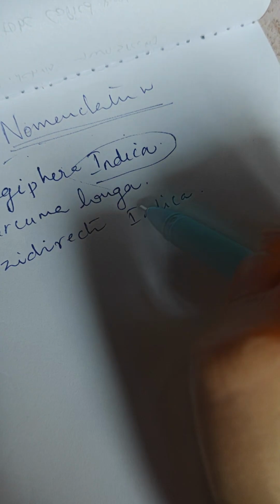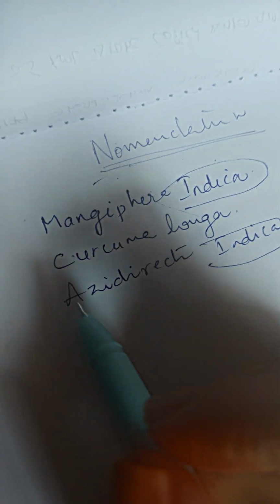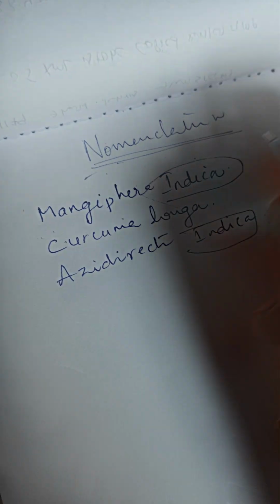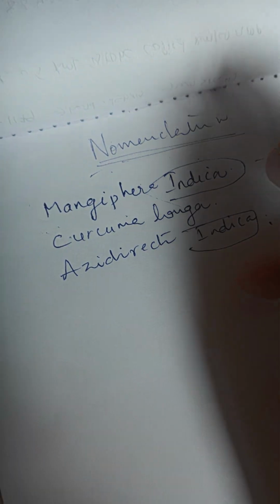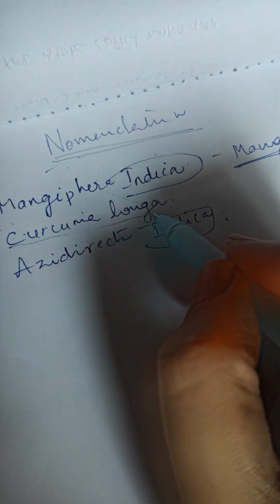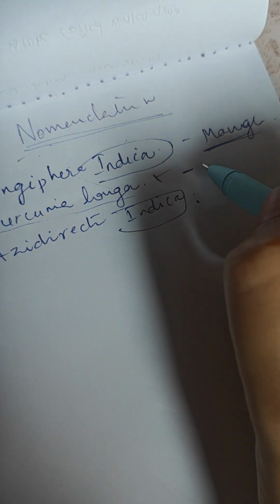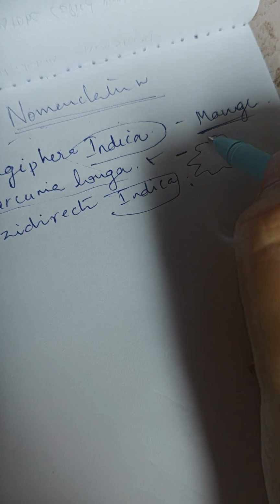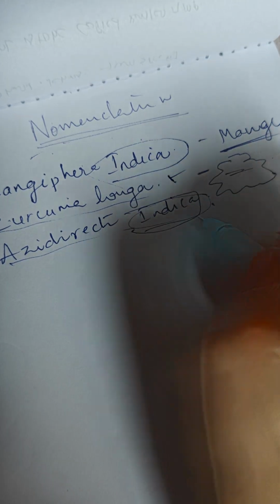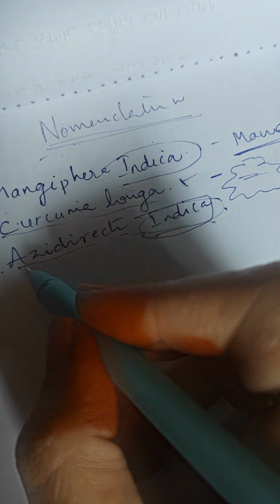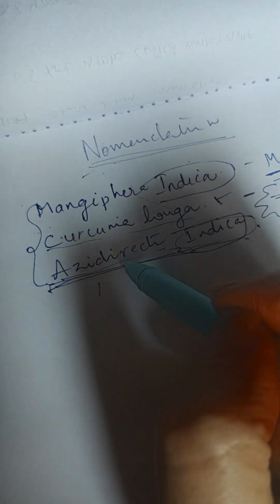Here indica significantly tells us the geography of that plant or animal, and Mangifera refers to mango. Mango is our national fruit. Next, Curcuma longa is a tuber, turmeric, and Azadirachta indica is neem. So these are three examples.